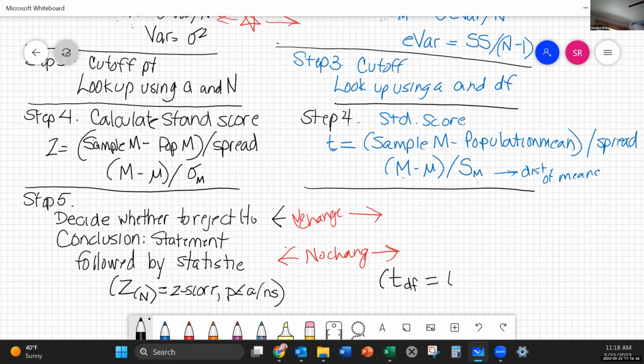And then we write the T-score for the sample. And then we do the same thing. We either write the probability level or NS if it wasn't significant. So this is a summary of the difference. Are there any questions at this juncture before we go through an example?